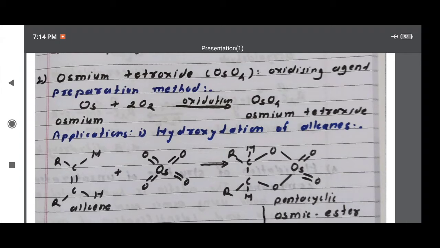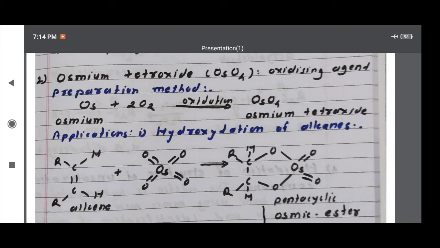Then the applications of osmium tetroxide. Osmium tetroxide is expensive, highly toxic and volatile. Its vapors are harmful to eyes, so its use is limited to essential purposes only, for example fine chemical synthesis and structure determination.